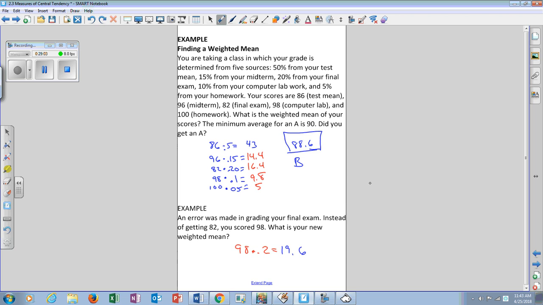Now, if it's me, I'd just do 19.6 minus 16.4 to figure out how much I should increase it by. That gives you 3.2, so you just add 3.2 on to 88.6. That gives you 91.8. So your weighted mean is 91.8, so you got your A.